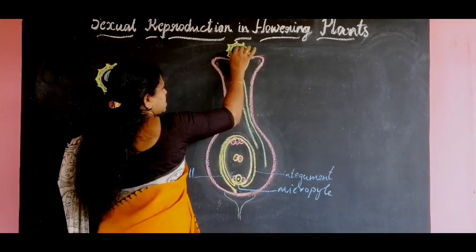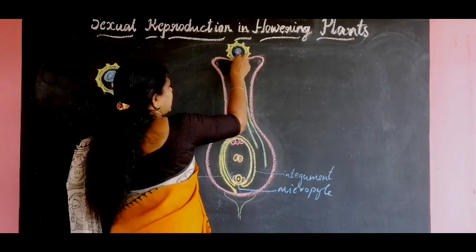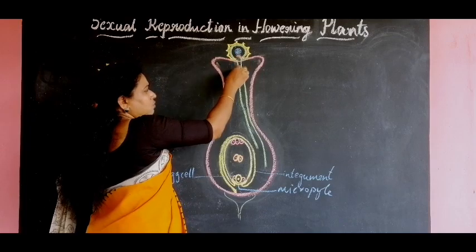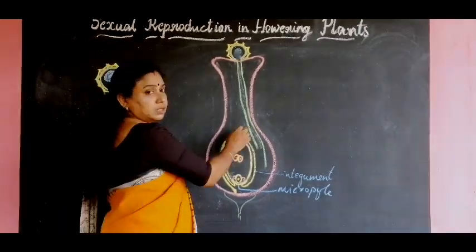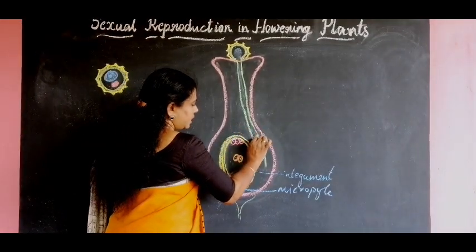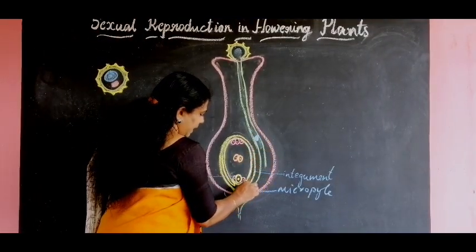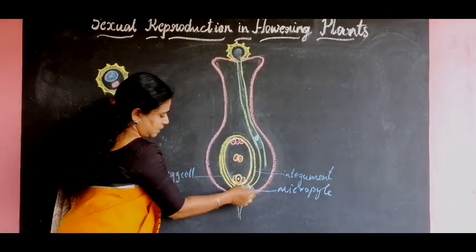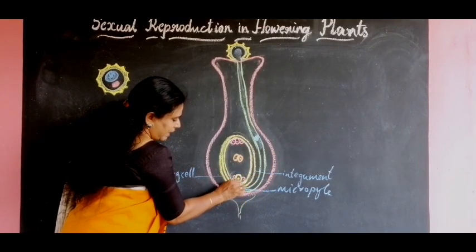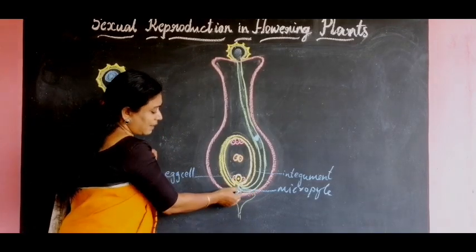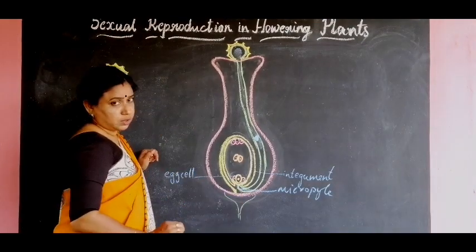The male gamete and the vegetative cell also move downwards along with the pollen tube. When the pollen tube reaches the micropyle, it enters the ovule through it.